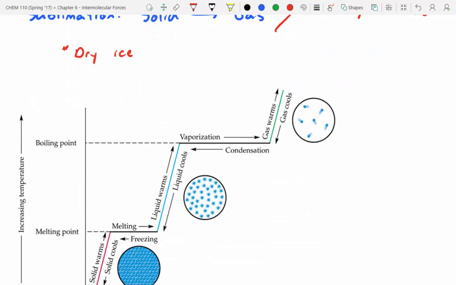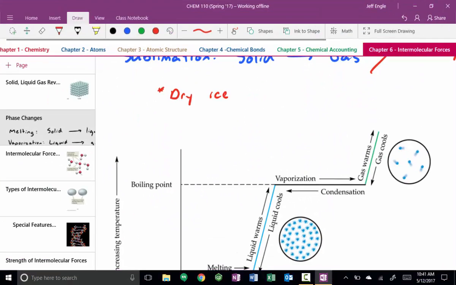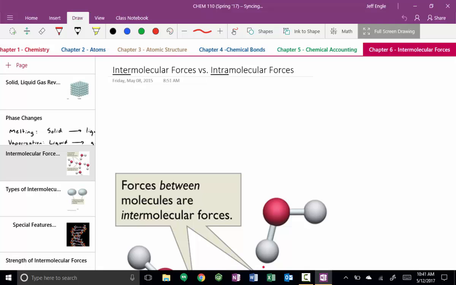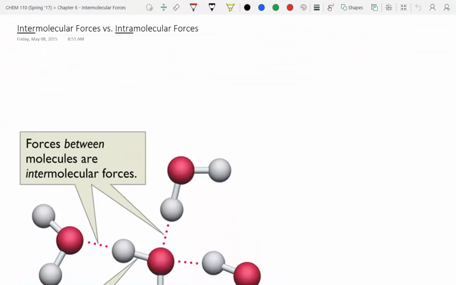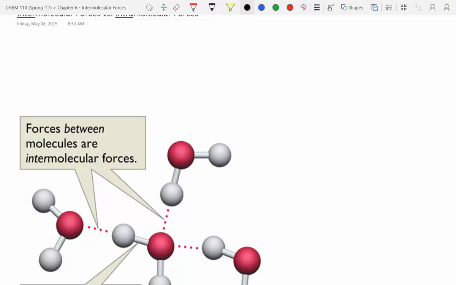All right. So let's talk about the interactions between different molecules. And we have to use some kind of confusing terminology. These are called intermolecular forces, and it's not to be confused with an intramolecular force. So an intermolecular force is the interaction between two or more molecules.